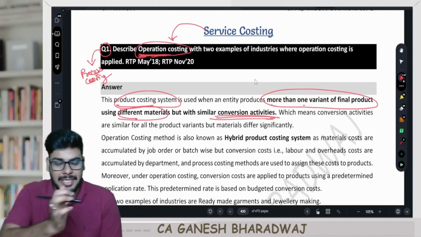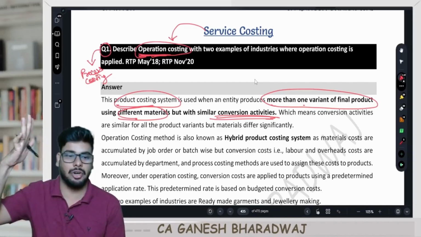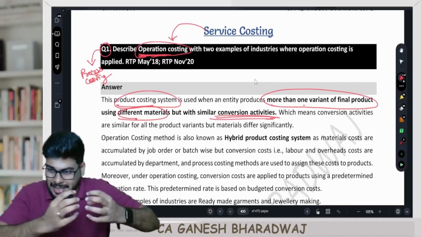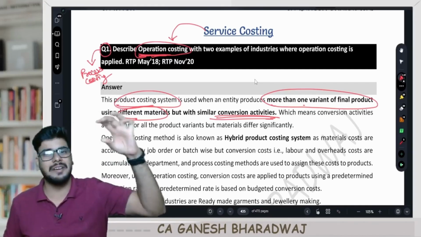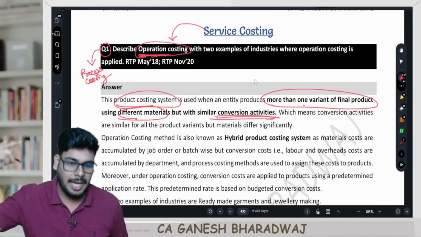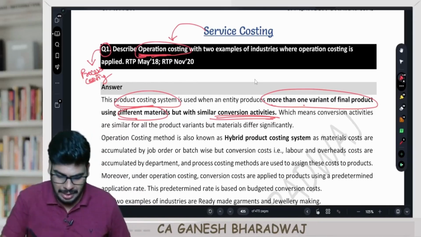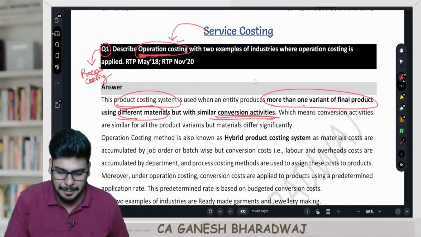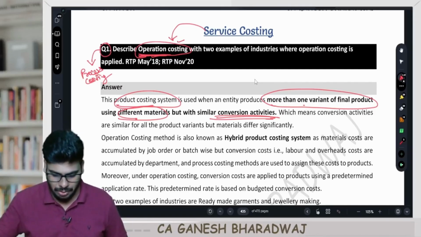I told you, right? The joint and byproducts are an example of operation costing. That's why I said it's an extension of the process costing chapter. In the process costing chapter, finally they have given one paragraph called operation costing. I read it and told you that is actually the next chapter we are going to see, joint and by-products. By mistake, I think our DTP person has kept it here. It is not the case. This should come under process costing only.